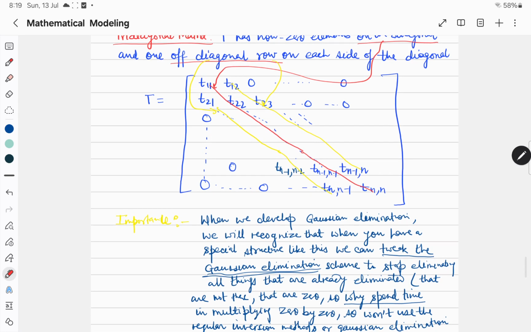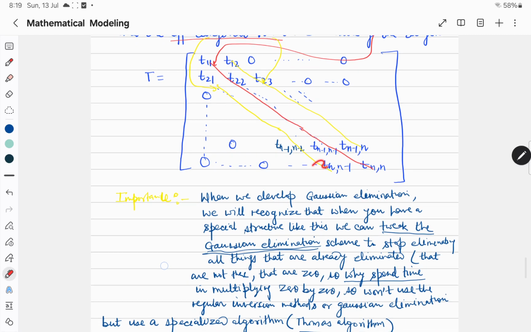When we develop Gaussian elimination, we will recognize that when you have a special structure like the tridiagonal matrix, we can tweak the Gaussian elimination scheme to stop eliminating things that are already eliminated. It is zero, so why spend time multiplying 0 by 0? So we won't use the regular inversion method like Gaussian elimination; we switch to the Thomas algorithm.